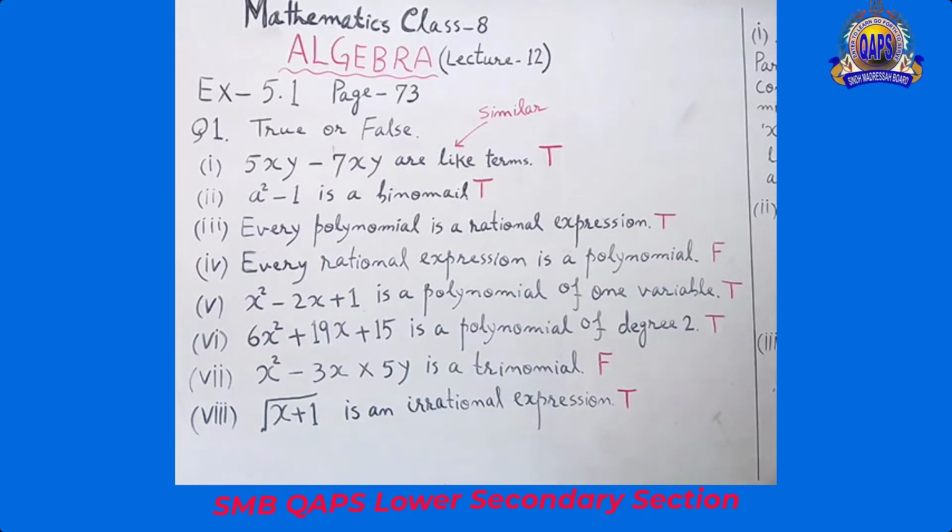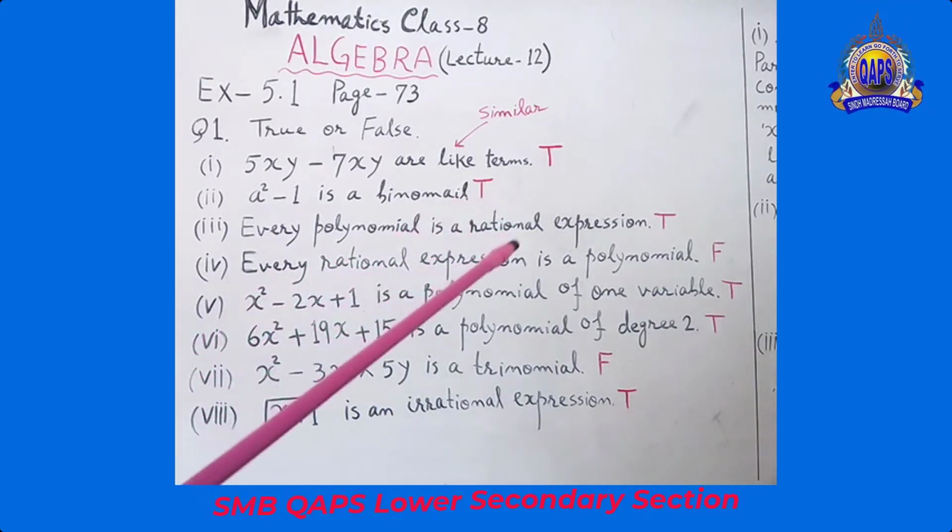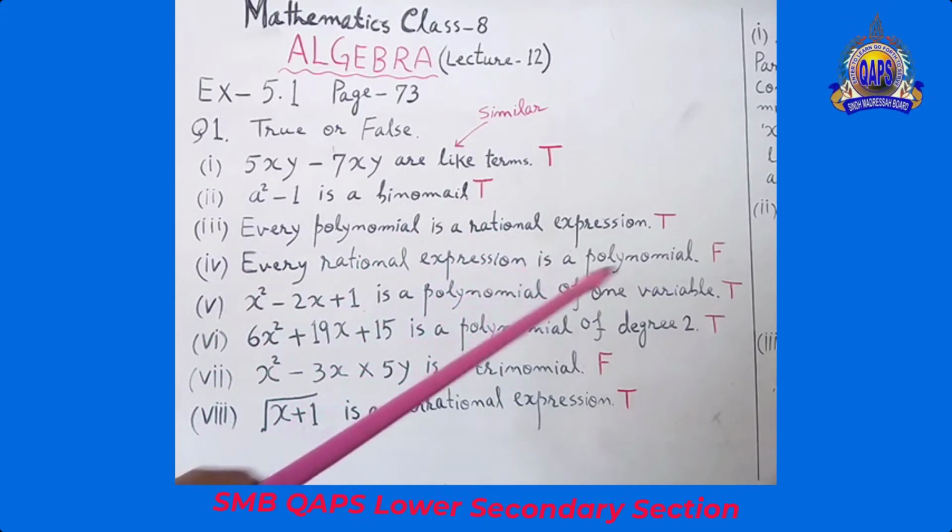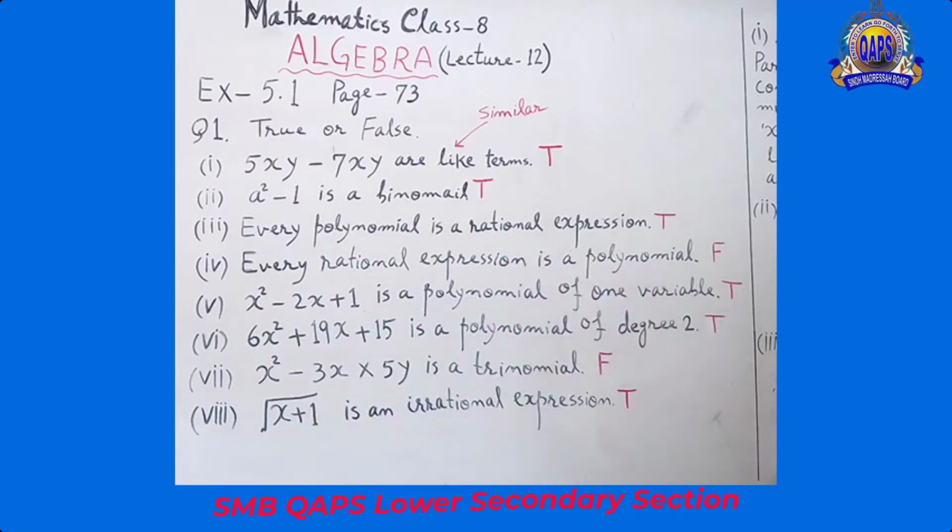But on the other hand, is every rational expression a polynomial? No, not at all. So, pay attention to these two things, number 3 and number 4.